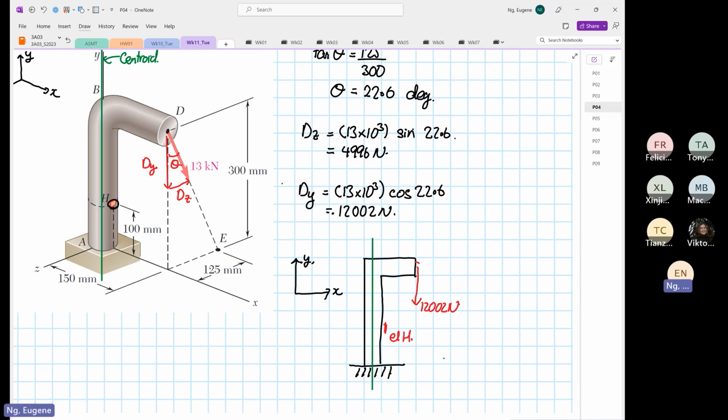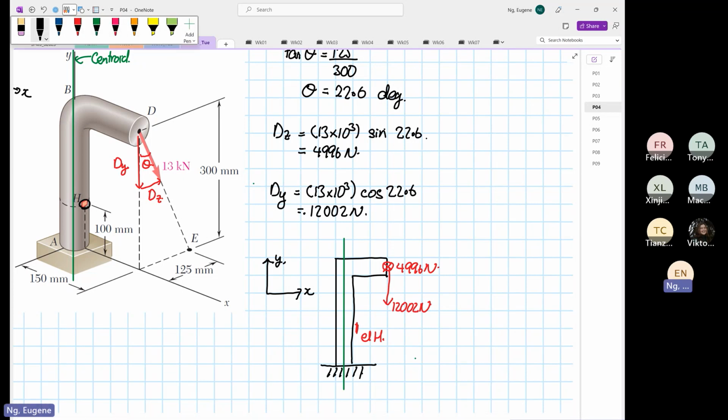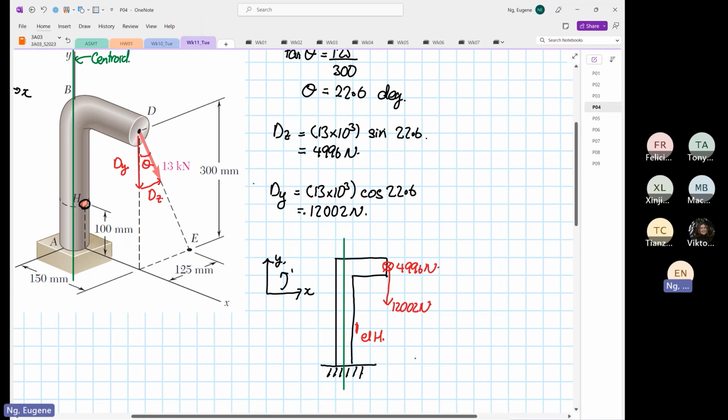And we have a load going away from us, which is 4996 Newton. From here, we ignore the dots and crosses. So we know that this is also our rotation in Z.